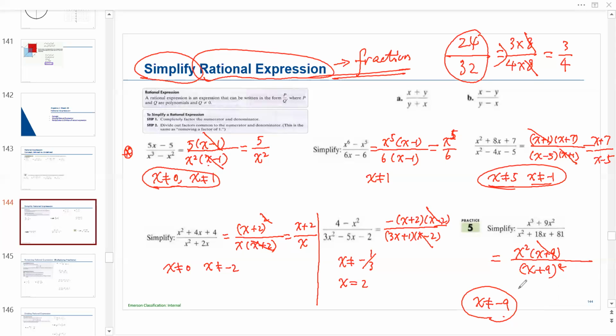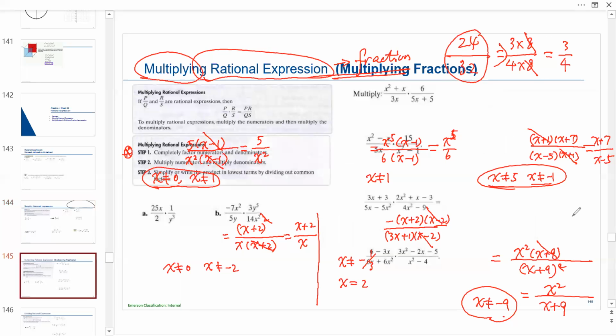So you can get x plus 9 in the denominator, and the x squared in the top. Okay, so simplifying is easy. Just like this process, you guys learned this before.